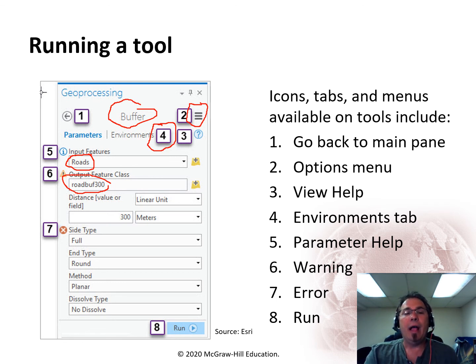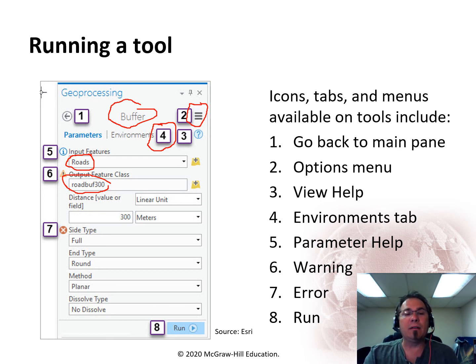And then your linear unit, we're going to make it a 300-meter buffer. And then there are some other things in here that you can change. A lot of times you'll notice there are a lot of options in some of these tools, and probably about 98% of the time you don't have to touch any of them. They're there for very specific reasons, and it's just not worth messing around with them if you don't know what they mean.